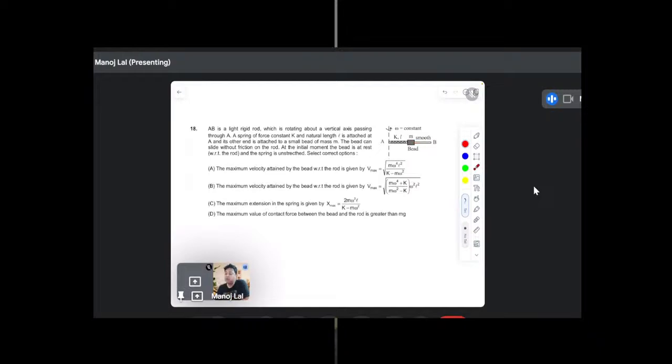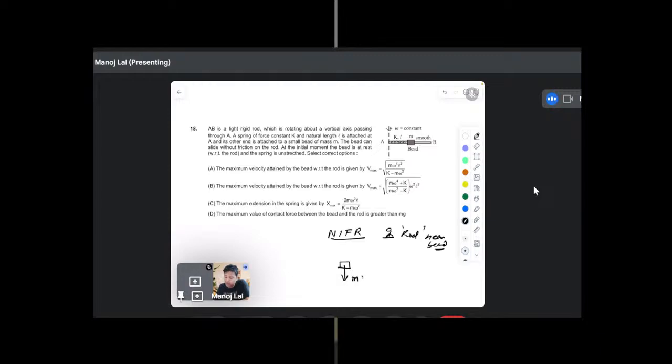So let me draw the FBD of the bead with respect to the observer frame, that is the non-inertial frame of reference, the rod frame, at the bead.